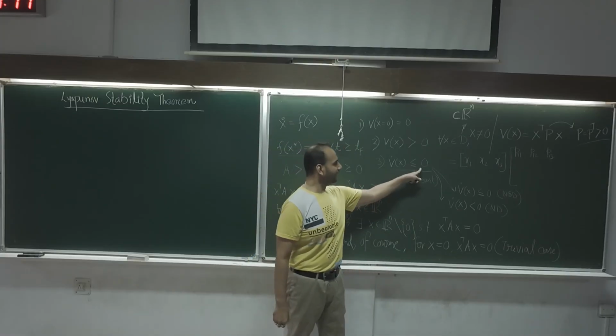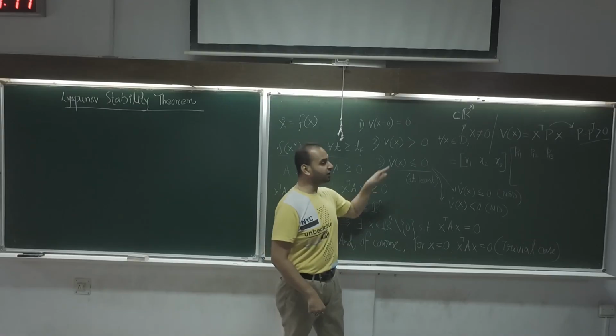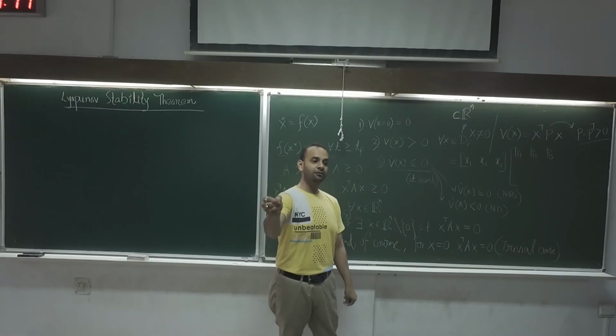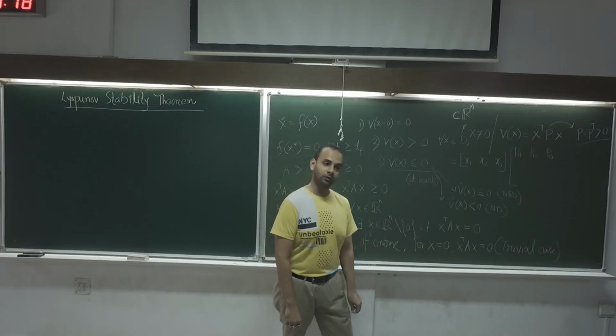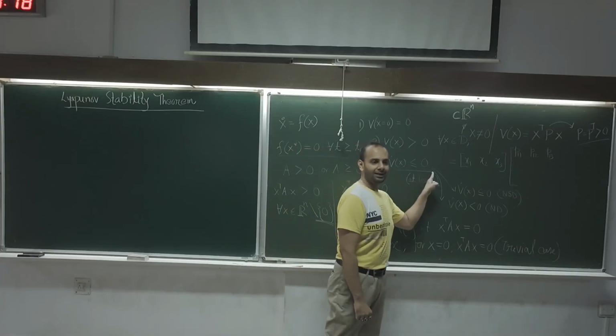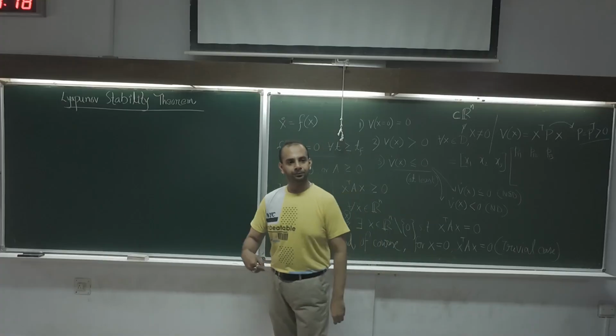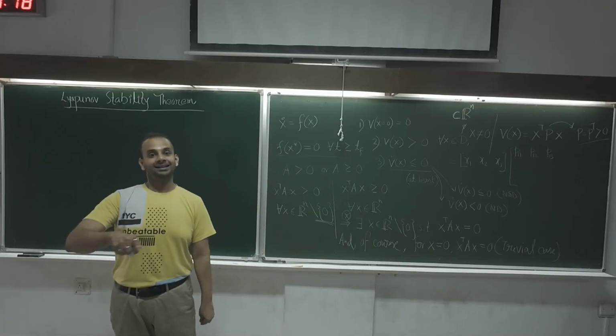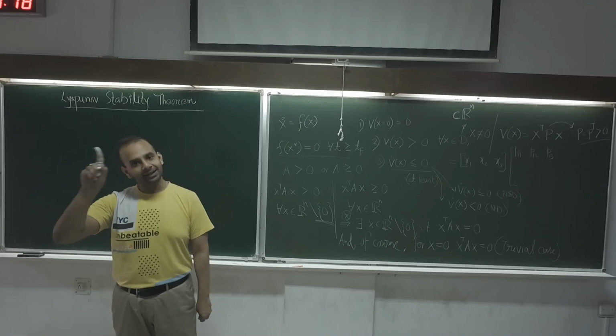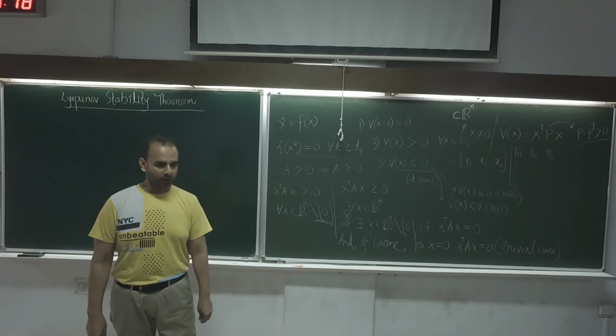When you are writing this, we are not putting any constraint on x, so whatever x you take must satisfy this condition. So the moment you write this, implicitly we are assuming that V dot of x exists at least in that domain and it is continuous. Okay?